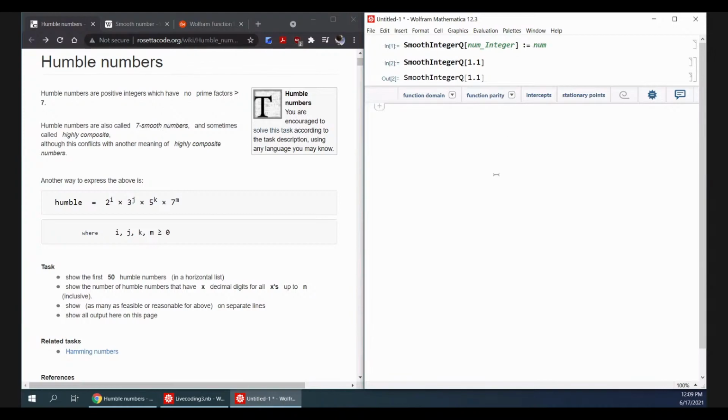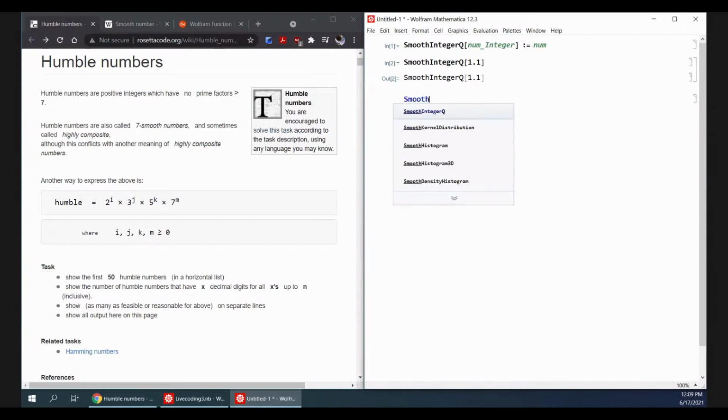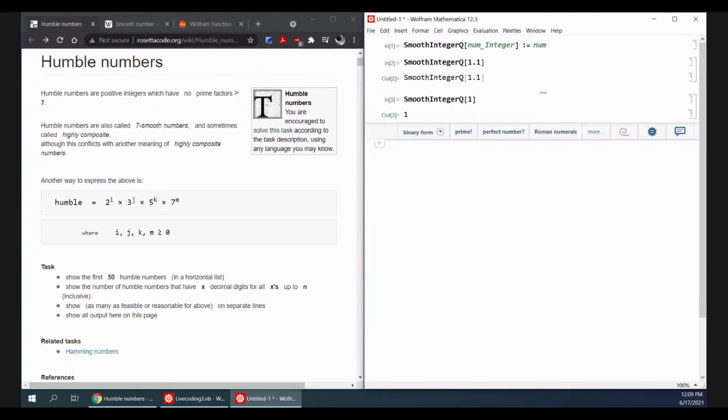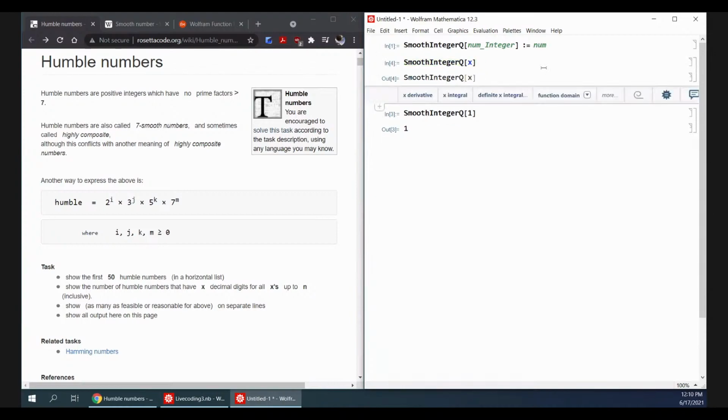Imagine that you just had x for an undefined x, and then at a later time you could set x to an integer and it would evaluate. Oh, yeah, that's a good point. So returning unevaluated for numeric things like this in a symbolic programming language is a powerful tool.